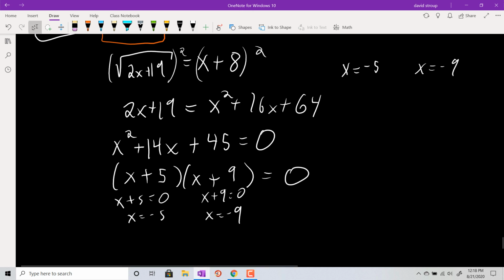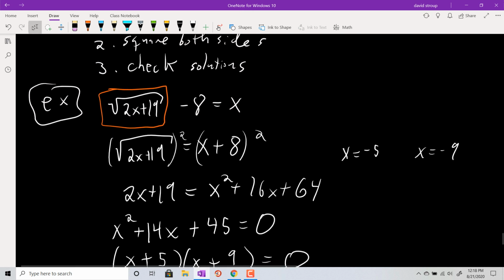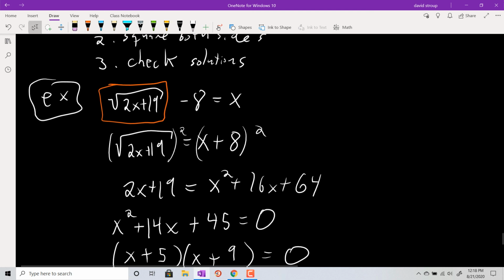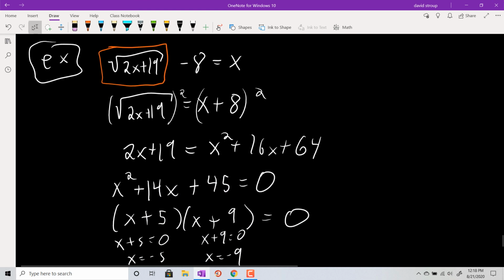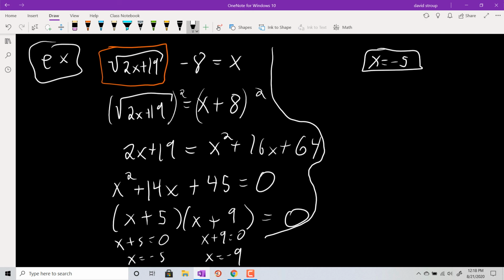Alright, so going back here, I'm going to plug those into my equation. I'm just going to try the -5 first. So square root of 2 times -5 is -10.